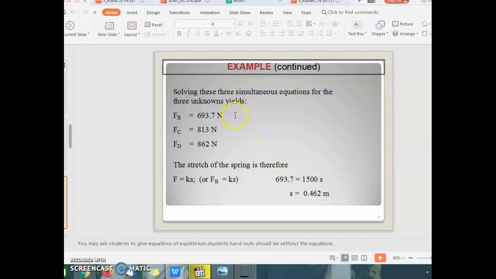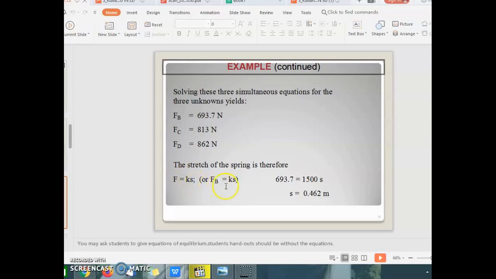So the spring lies on the FB force at point B, which is equal to 693.7 Newton. If you still remember, the equation for the force of a spring is equal to the elongation S multiplied by the spring constant k.